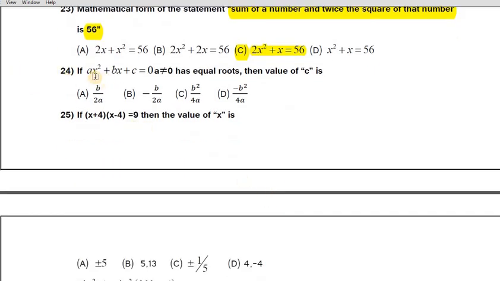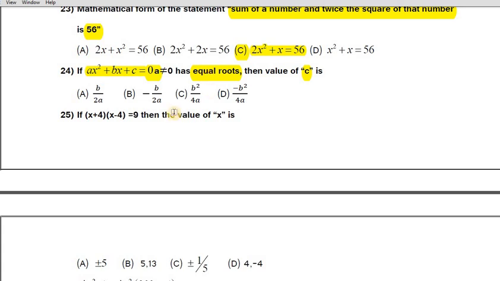Question number 24. If ax square plus bx plus c equals 0, where a is not equal to 0, has equal roots, then the value of c. This is a very good question, children. See, they have given the general form of a quadratic equation and they clearly said here a is not equal to 0 and it has 2 equal roots. So you have to use the discriminant formula, b square minus 4ac equals 0, because the roots are equal.